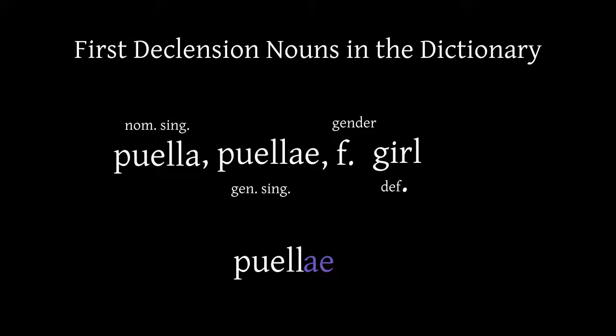But wait a minute, wouldn't you get the same result if you took the ending off the nominative? Good point. In this case, yes, you would, because all nouns of the first declension happen to behave this way. Not so with other declensions. For example, the third declension noun vox has a genitive singular vocis, and vocis is spelled V-O-C-I-S, not V-O-X-I-S or something like that.